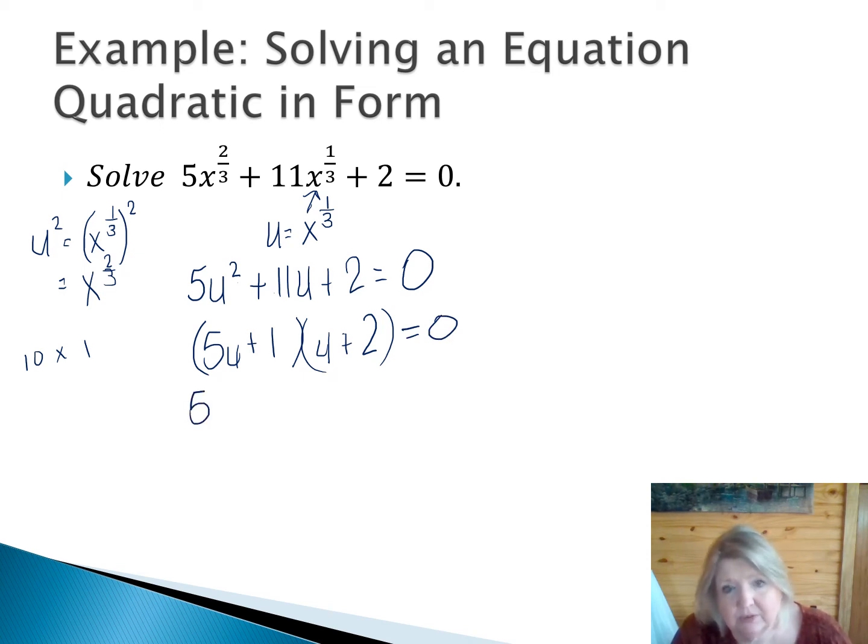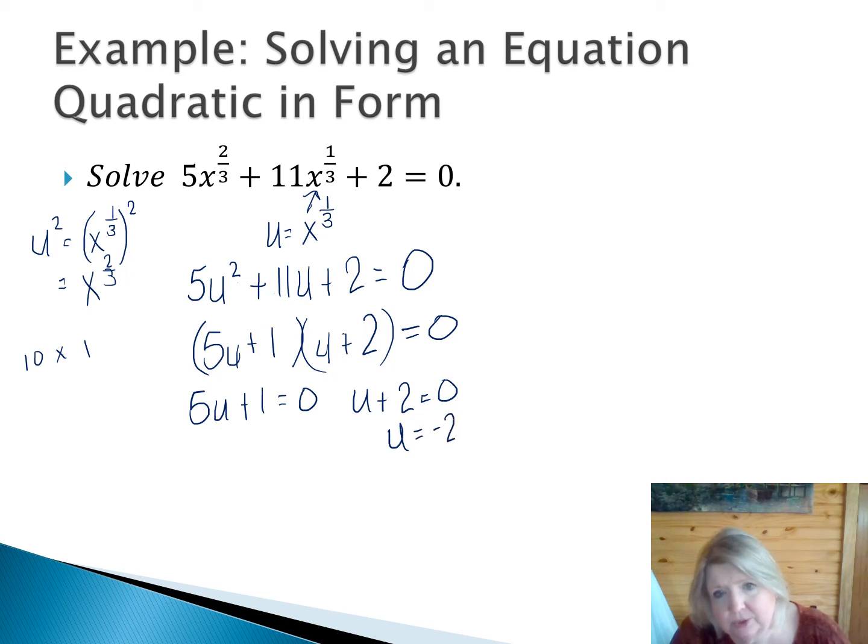So one of the 2 factors must be 0. Either 5u plus 1 is 0, or u plus 2 is 0. Subtract 2 from both sides, u is negative 2. Subtract 1 from both sides, 5u is negative 1. Divide both sides by 5, u is negative 1/5.